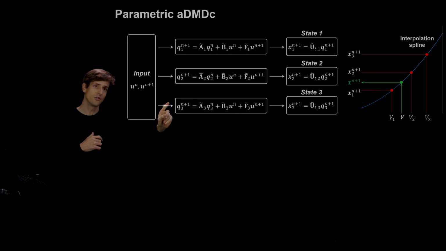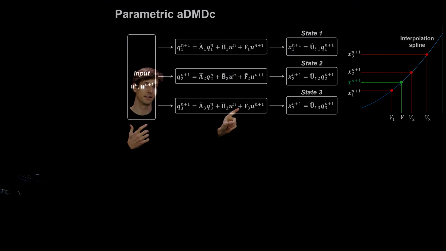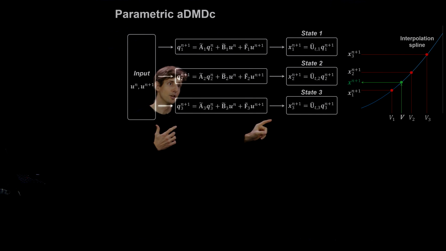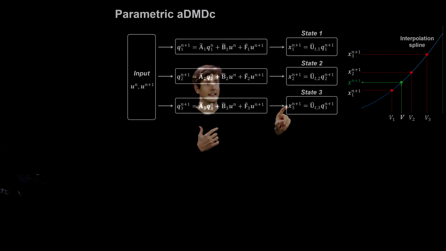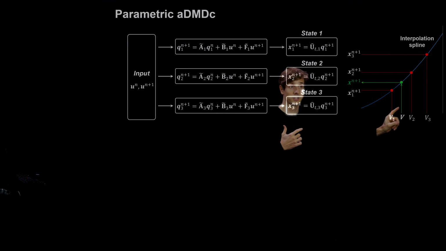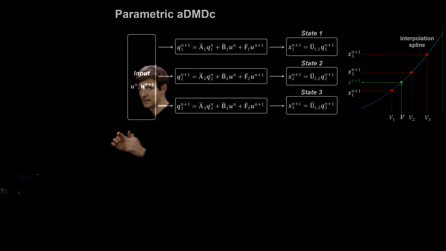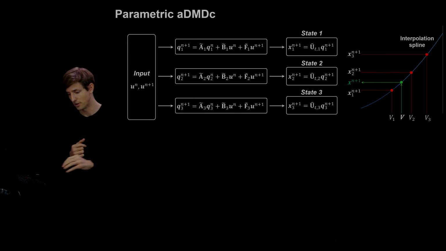For each local model, we advance our reduced state Q at time step n to Q at time step n plus 1 by considering the inputs and the algebraic terms, and then project the reduced state up to our full physical state, and then interpolate the full physical state at our operating condition of interest, in this case at the flight speed of interest. And that's basically it. That's how we interpolate several local reduced order models.